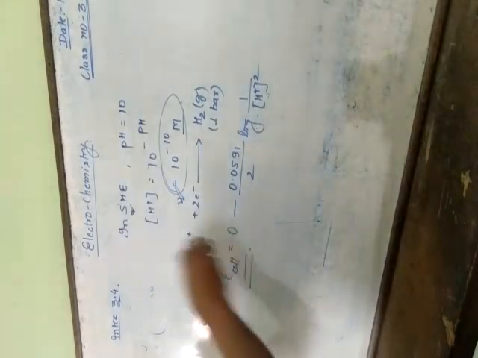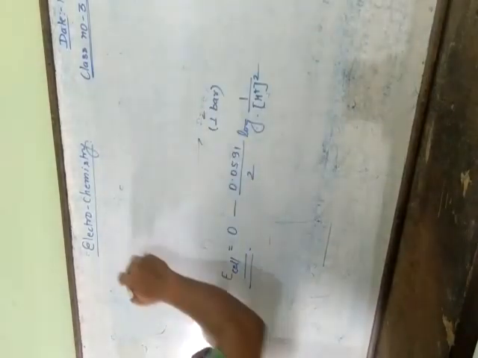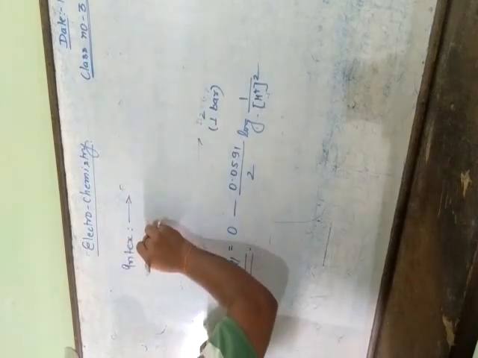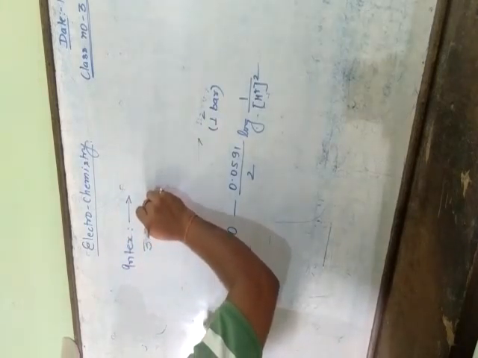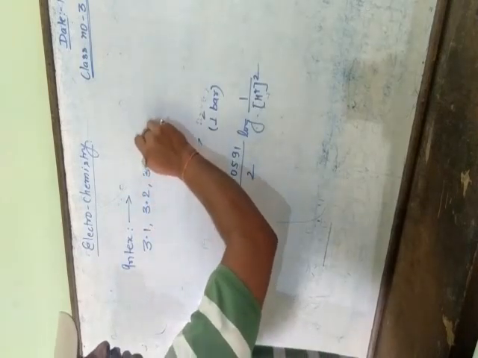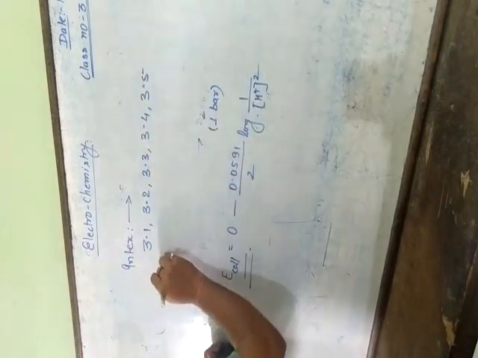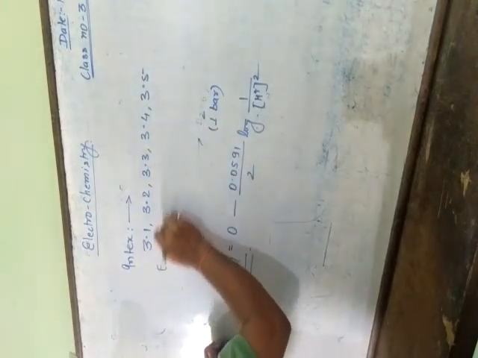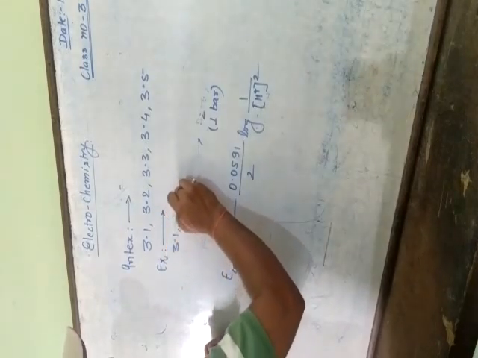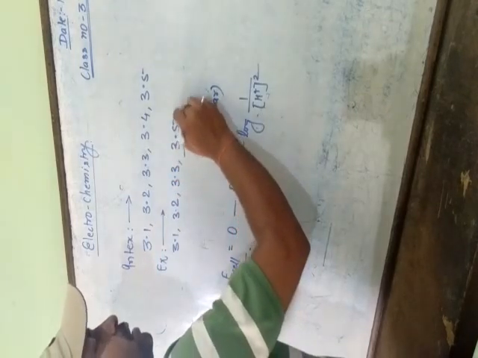So students, today's assignment is Intext 3.1, 3.2, 3.3, 3.4, 3.5, and the students should also do Exercise 3.1, 3.2, 3.3 and 3.5.